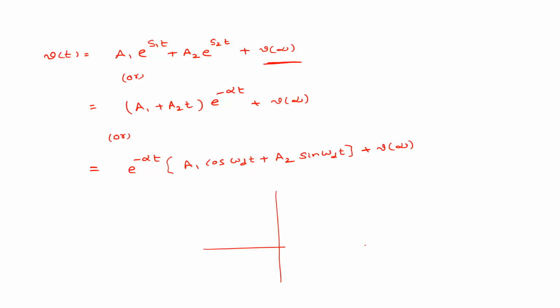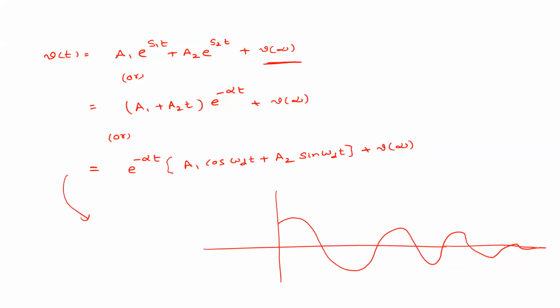Simple thing, right? Earlier, assume this is for the underdamped response; it dies to 0. That is when you have no source, and this is the response, you remember this?